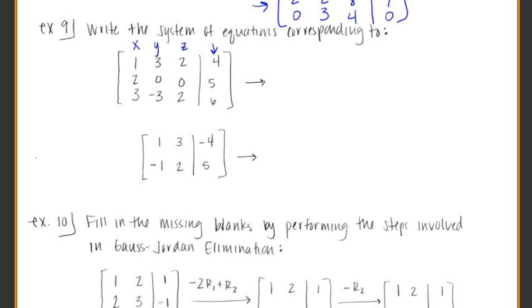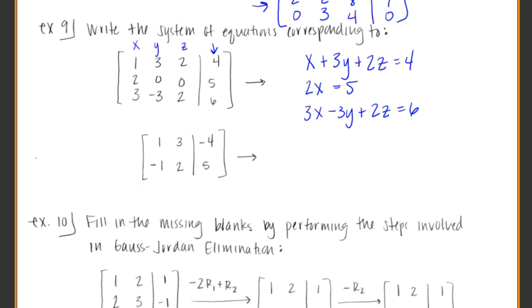So that first row is going to be 1x, or just x, a positive 3y, positive 2z is equal to 4. All right, second row, I've got 2x. I don't have any y's, I don't have any z's, so it just equals 5. And then that third row, 3x minus 3y plus 2z equals 6. And that's it. There's the original system.